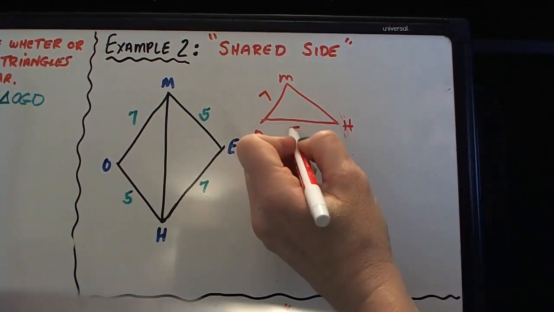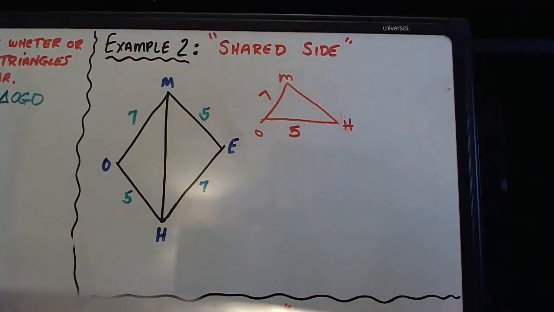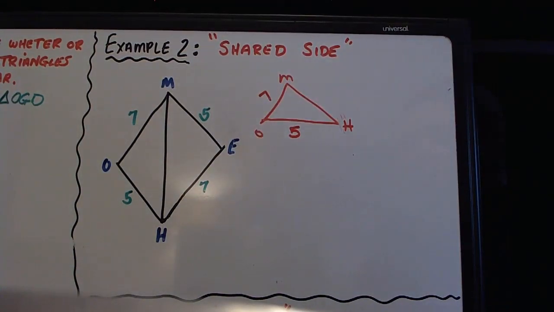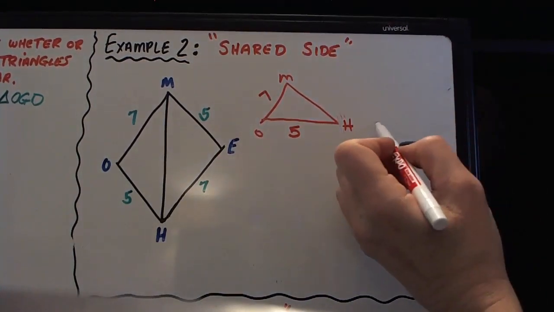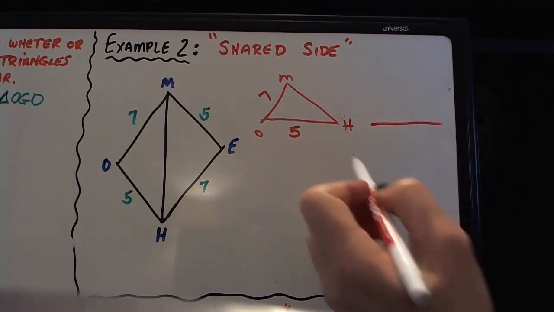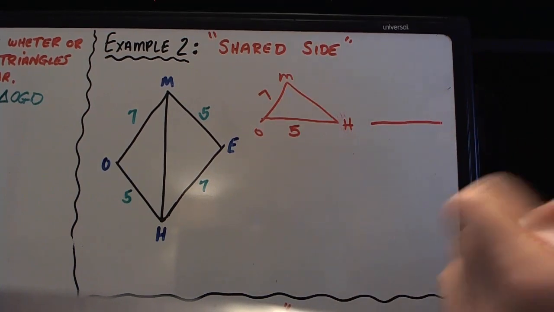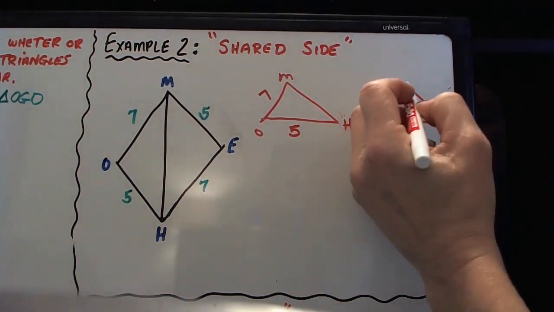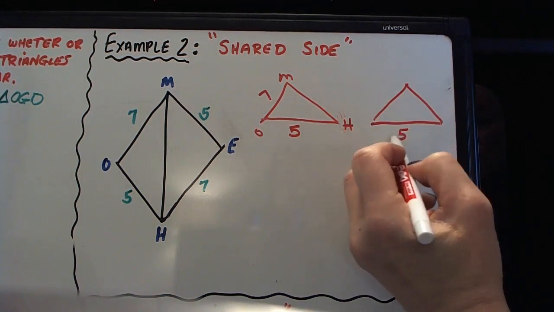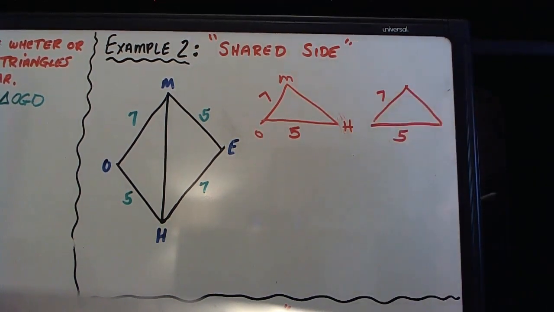OH was 5, and now I'm going to take a look at the next triangle. I want the next triangle base to have a side length of 5, and I want this side to be 7.